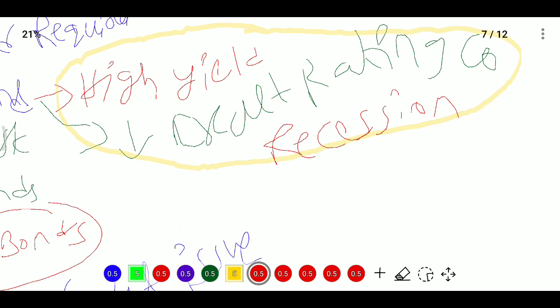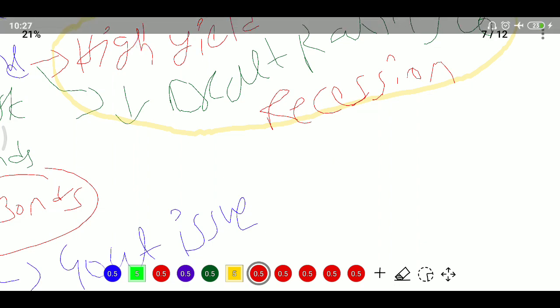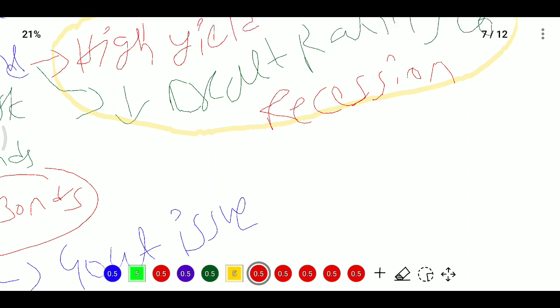For example, if Vodafone India's performance is low after the merger, they may issue this type of bond, and they must offer a high rate. So this is called junk bonds. Junk bond means what? The company's performance is low, so its credit rating is low.